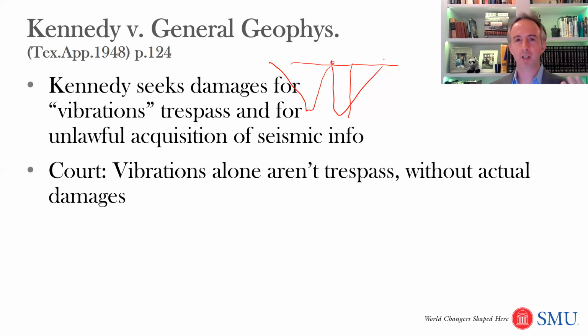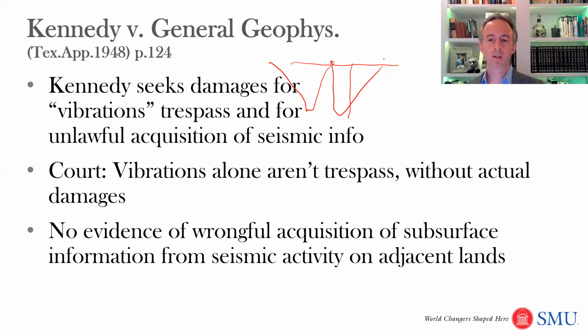Maybe you could have nominal damages, but again, you don't really have any damages that you can show that caused harm. There's also no evidence that there was wrongful acquisition of subsurface information from adjacent lands.